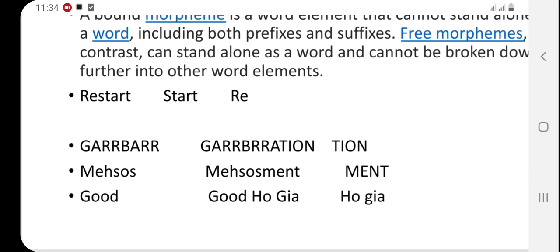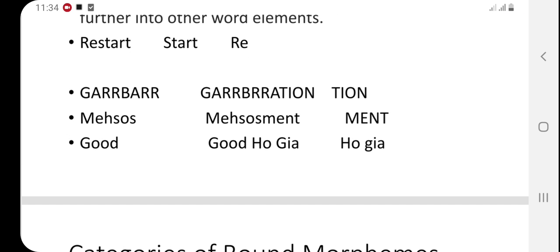That is again a funny addition, but again I repeat, only a person who has knowledge of English can distinguish that it is a kind of joke and funny words that people are unintentionally making in Pakistan specifically. From the word mehsoos, which is an Urdu word, we have attached a bound morpheme of English and created mehsoosment. Now, another word which is frequently used, that is a word in English, is good.